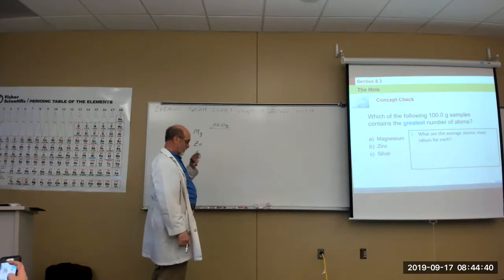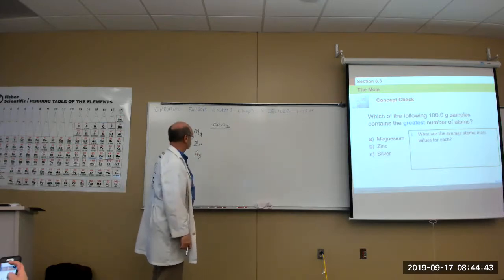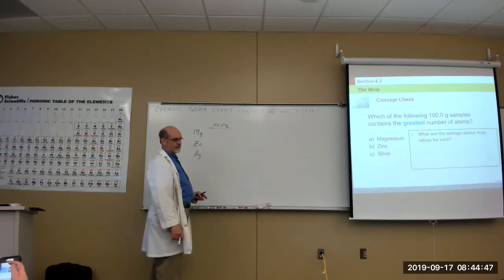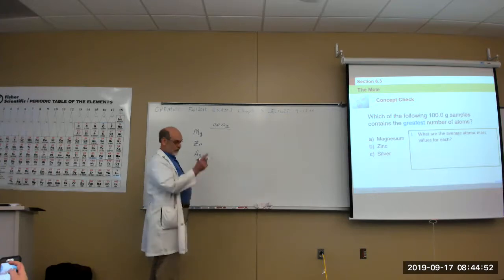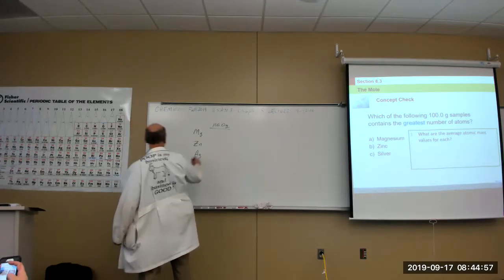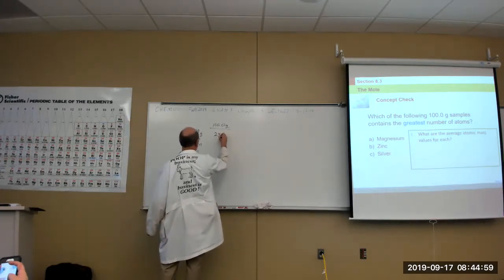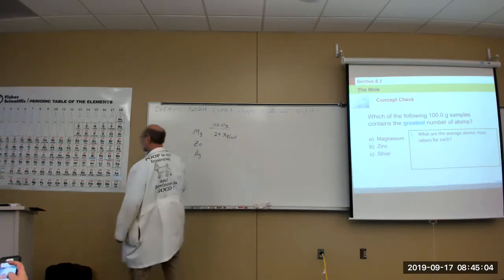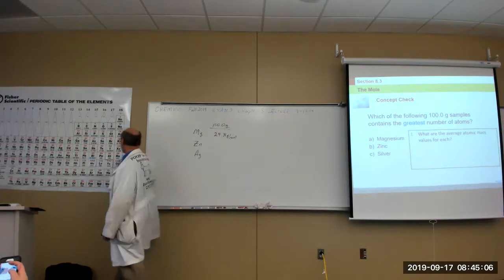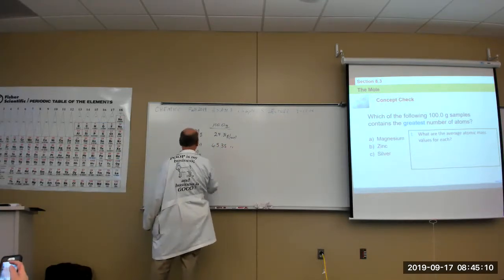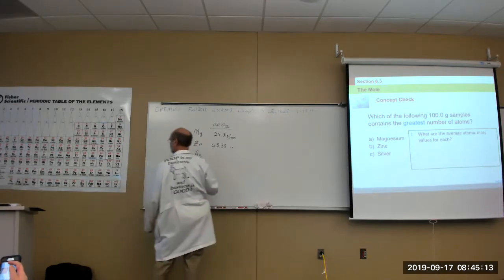Which one has the greatest number of atoms? Molar mass, all right. Magnesium is 24.31 grams per mole. Zinc is 65.38 grams per mole, and silver is 107.87.